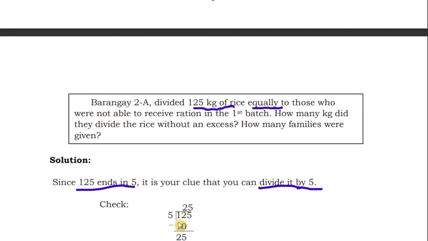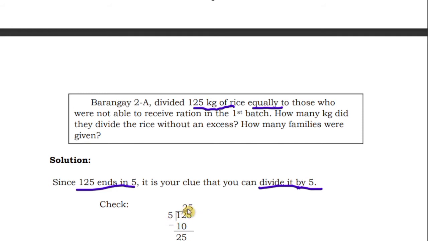So 1 divided by 5 cannot be. 12 divided by 5 also cannot be. Then let's proceed to the third digit to make it 125. So 125 divided by 5, and that is 25. Let me repeat further. 1 divided by 5 cannot be. 12 divided by 5, and that is 2.